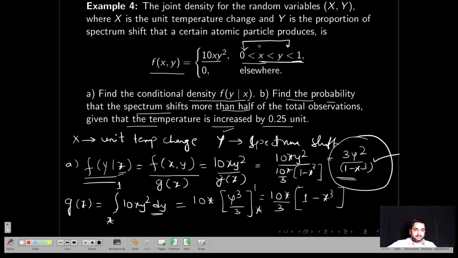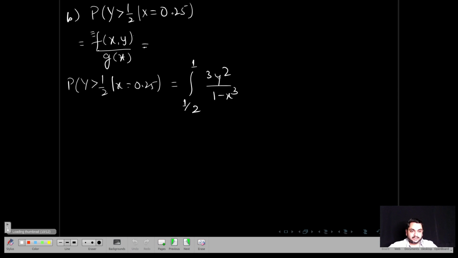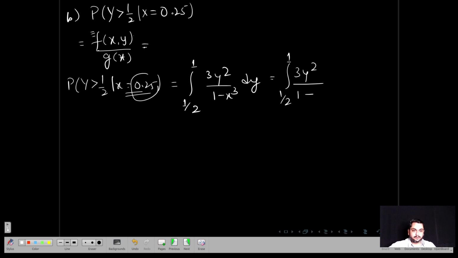But this function is for the given interval, and I have to change the interval now. That's what I am doing. Since x is already fixed, I am integrating with dy, from 1 by 2 to 1, of 3y square divided by 1 minus 0.25 whole cube, dy. If you integrate it, you will get 8 divided by 9.